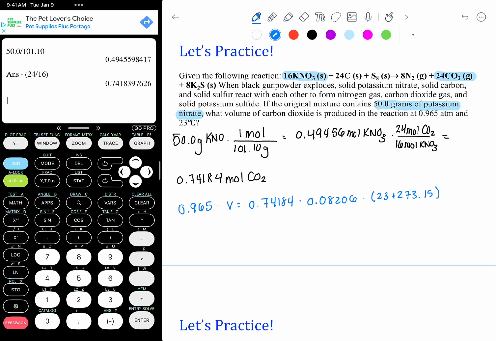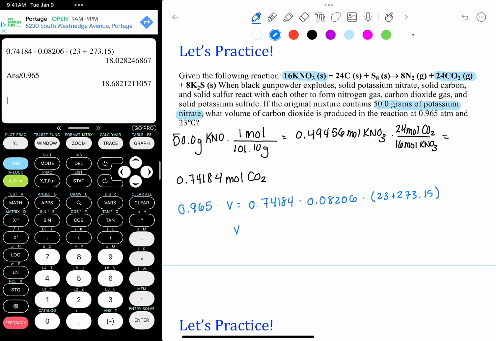So we take 0.74184, multiply that by R, 0.08206, times 23 plus 273.15. Then we divide that by 0.965 to solve for volume.